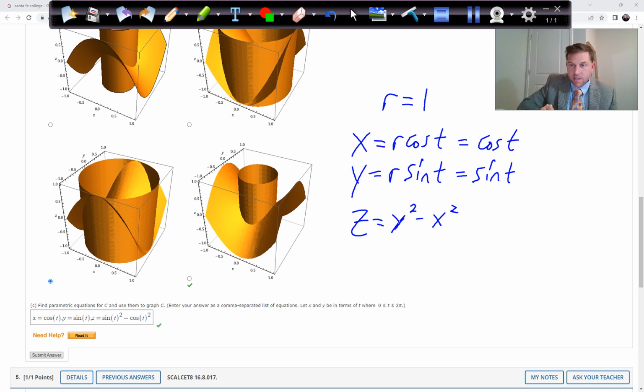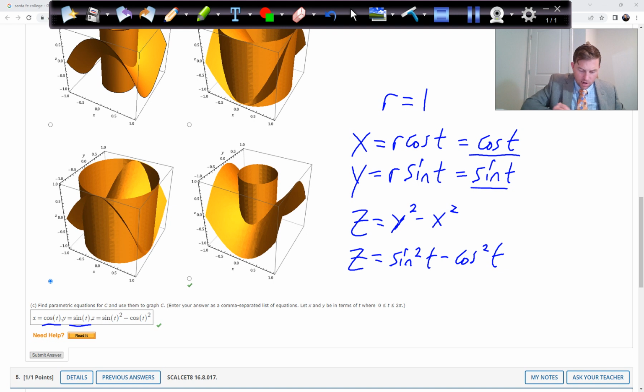Based on these x and y's, that means it's sine squared t minus cosine squared t. So here's your cosine for x, here's your sine for y, and then sine squared minus cosine squared for z. And you have to actually write the z equals and the y equals and the x equals.